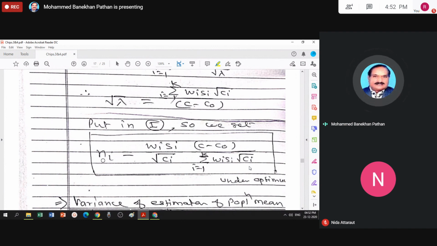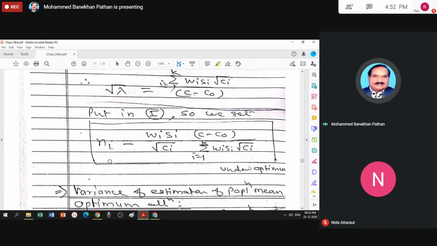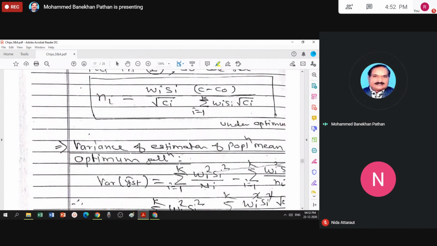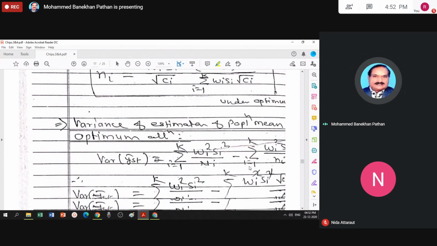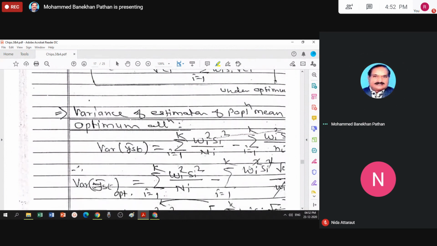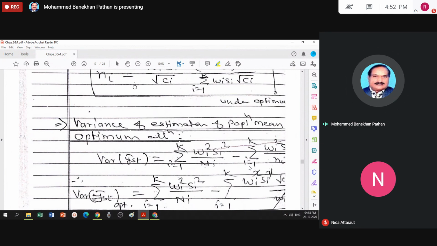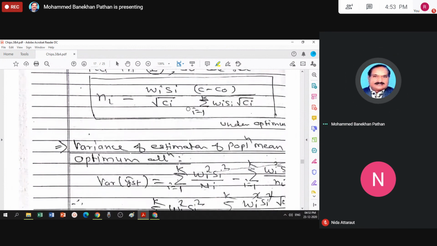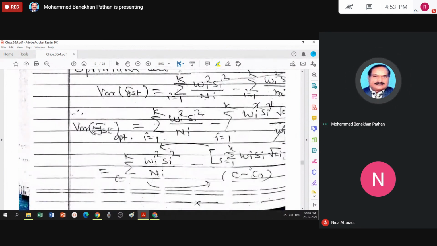After getting Ni, you can proceed to get the variance under optimum allocation. The formula of variance of y bar st originally, without any allocation, is this minus summation Wi square Si square upon Ni. There is no change in the first step because there is no small ni. Now what you derived here, you put this formula at this point as a reverse.